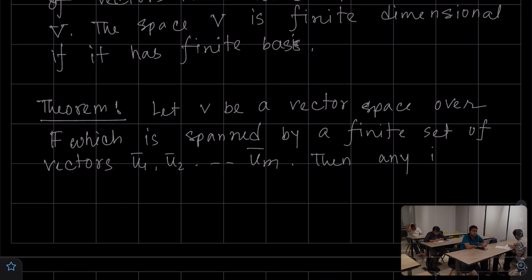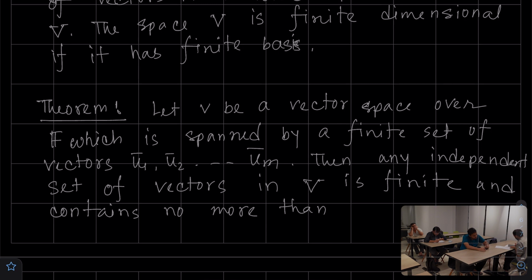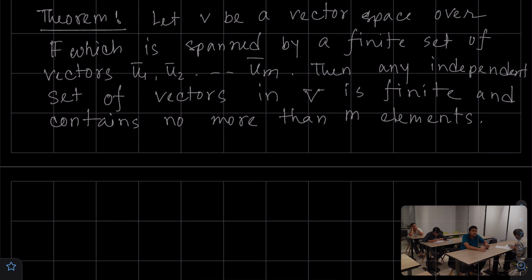Then any independent set of vectors in V is finite and contains no more than m elements.